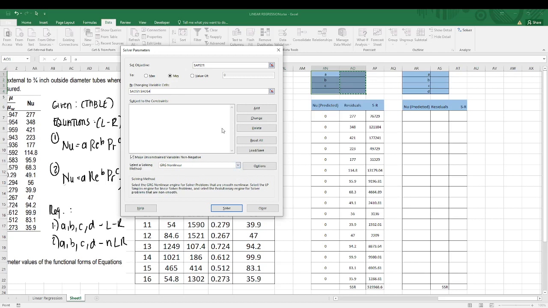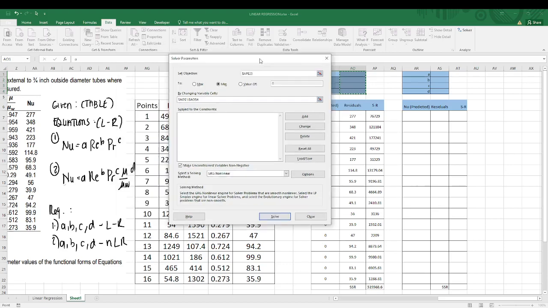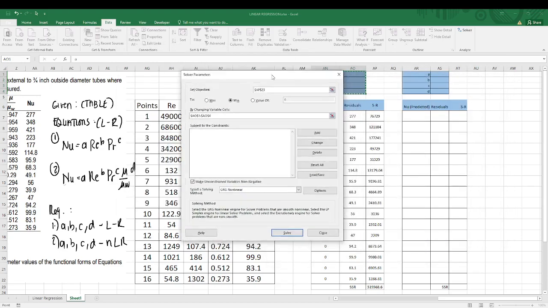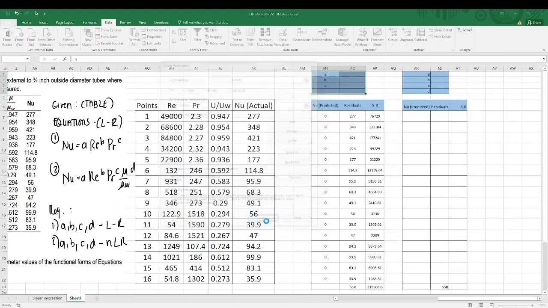What the solver method is doing is trial and error, so that the predicted values get closer to the actual values. So let's solve this.